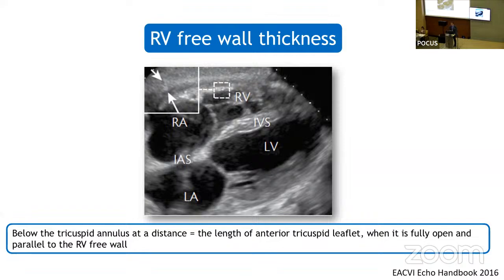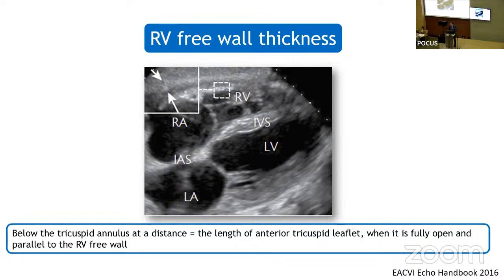So look here at the tricuspid annulus at the top of the screen and follow it from the base of the anterior leaflet of the tricuspid valve for a distance equal to the length of the anterior tricuspid leaflet. This is where you measure the thickness, and it should not be more than 5 millimeters or 0.5 centimeter. More than that is called right ventricular hypertrophy.